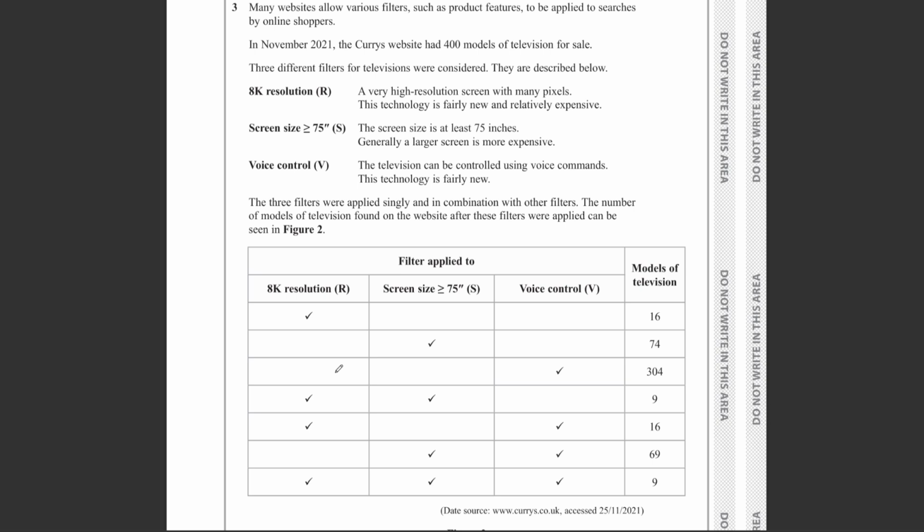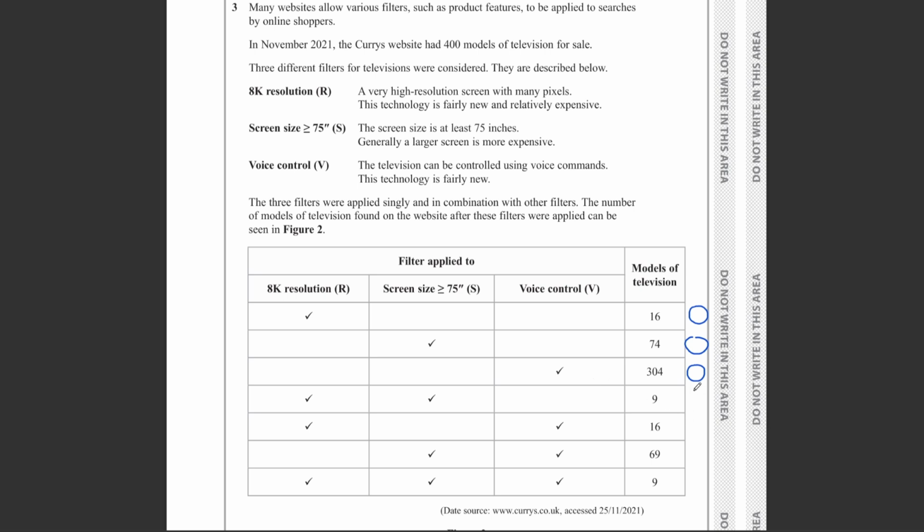In question 3, to help us fill in the Venn diagram, we can read this table as the circles. So the first line will be the whole circle for the 8K resolution. The second row is also about the whole circle of the screen size. The third row is also about the whole circle of the voice control.